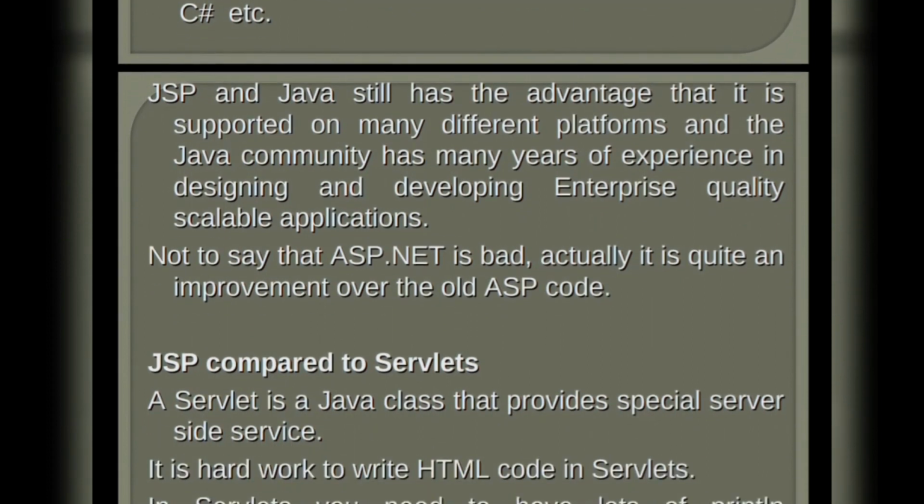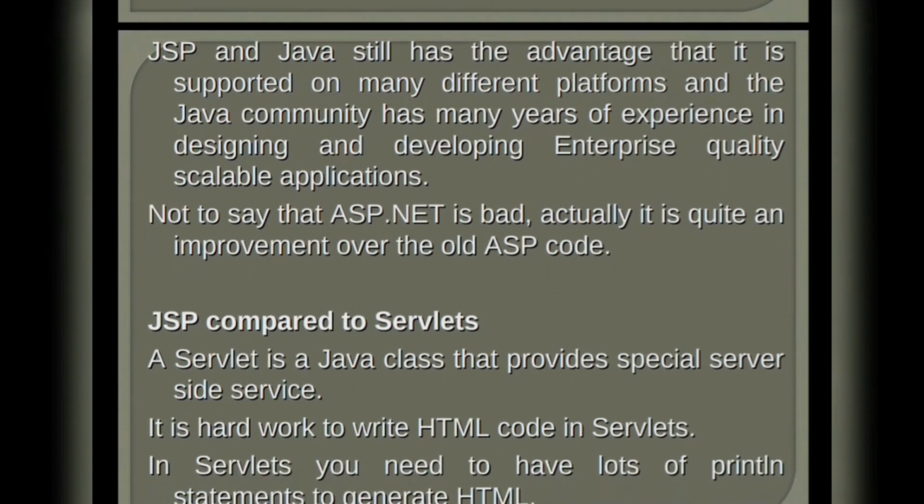JSP and Java still have the advantage that they are supported on many different platforms, and the Java community has many years of experience in designing and developing enterprise-quality scalable applications. If you have any doubts, we can easily clarify them using this community. It's another advantage of JSP.